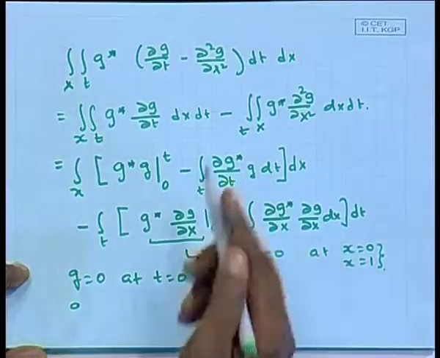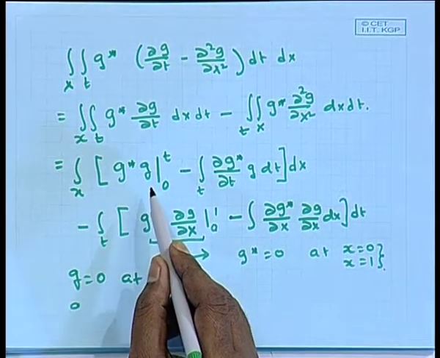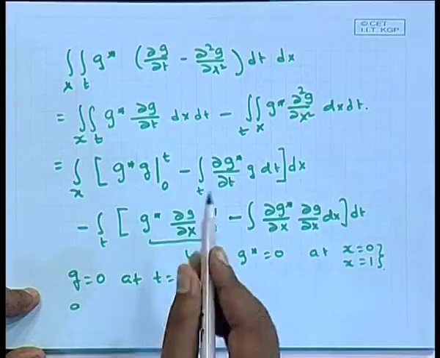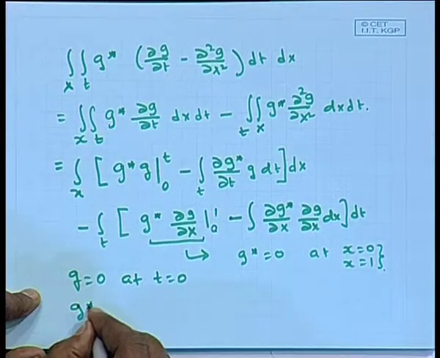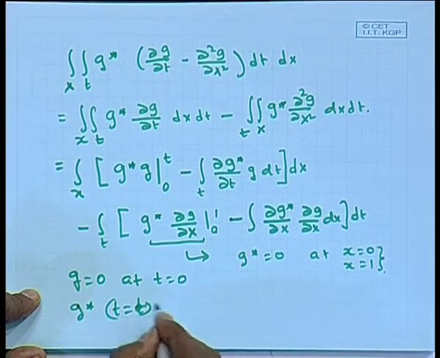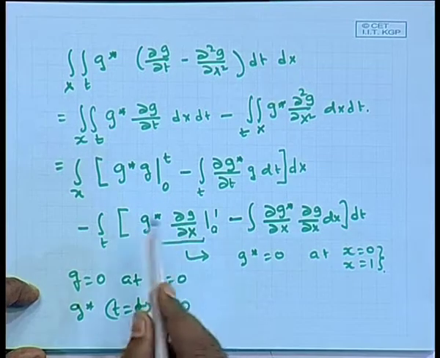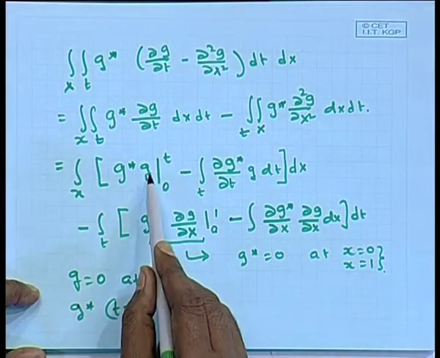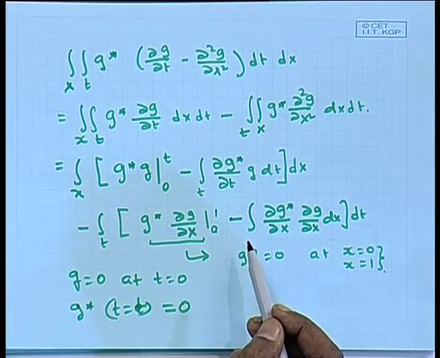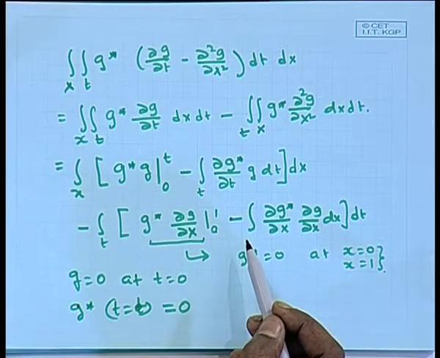So, these will be a part of the Jacobian term in the ordinary differential equation, if you remember. So, this part has to be gone. So, g star at time t equal to t must be equal to 0. Then only this term will vanish, because g at any point of time is non-zero, because you know only one condition on g at a particular time point, that is time t equal to 0.